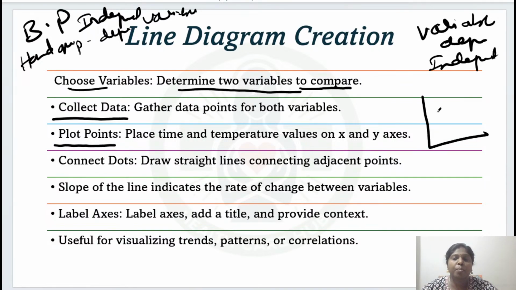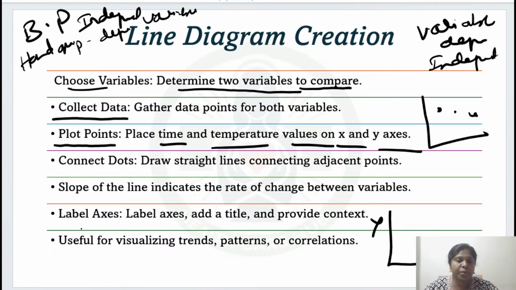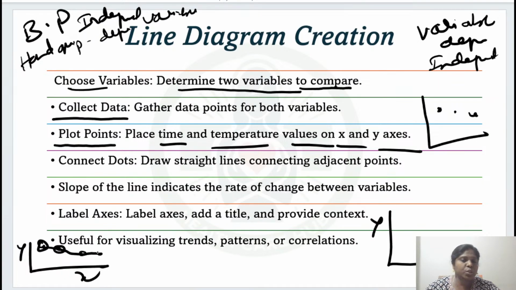We can place time, temperature or values on the x axis and y axis. Once we mark those points, we join them. This is called line diagram creation.